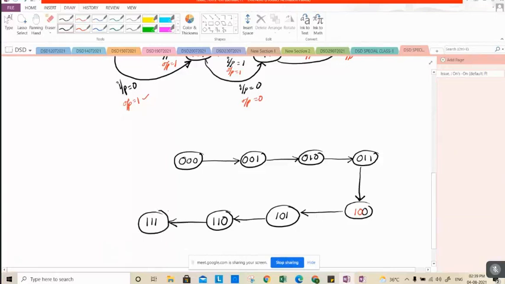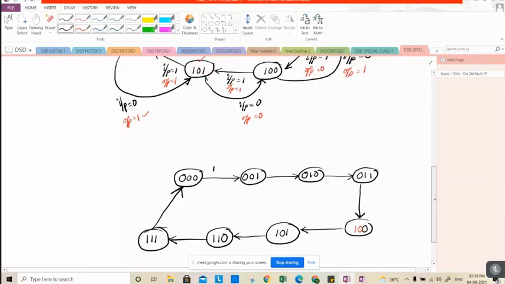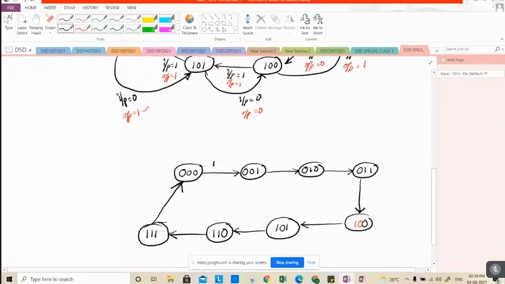And from 1, 1, 1 to 0, 0, 0. So this is happening whenever the input is equal to, what should be the input here? Input 1, sir. So input is 1. What is output here? Whenever it is 0 0 0 to 0 0 1, what is the output? 0, sir.